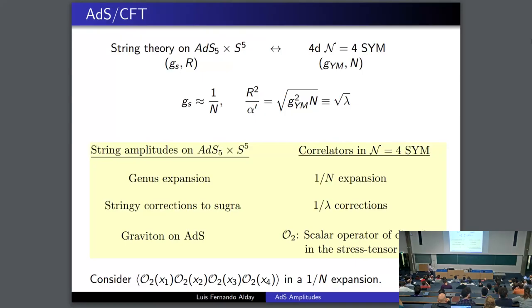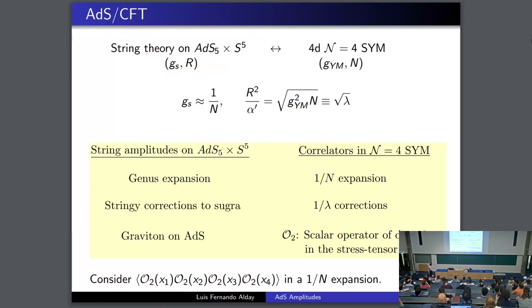In particular, we will look at the original version, where string theory on AdS5 × S5 is dual to 4-dimensional N=4 super Yang-Mills. The duality also provides us with a dictionary between the parameters on both sides. On the left, we have the string coupling constant g_s and the common radius of AdS and S5.